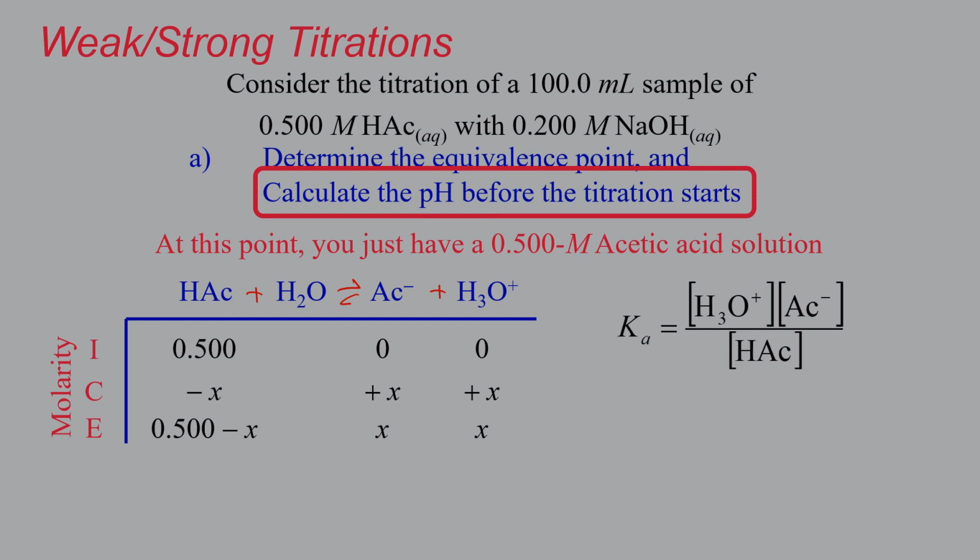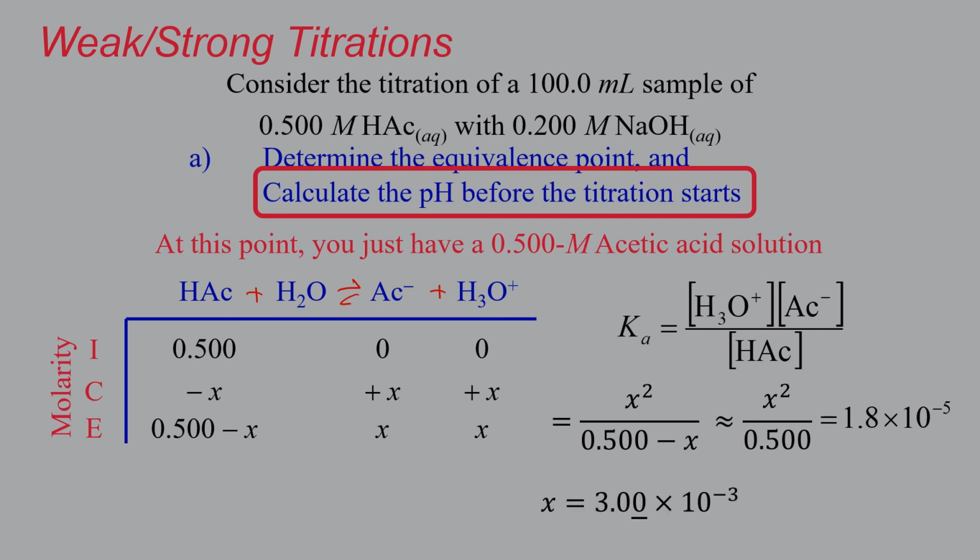And here's one more chemistry thing. We've got the Ka equal to the hydronium concentration times the acetate concentration divided by the acetic acid concentration. Plug in the symbols that we've got, so x squared over 0.5 minus x. We can approximate that denominator to just 0.5 and set that equal to the Ka, and Ka for acetic acid happens to be 1.8 times 10 to the negative fifth, which gives us a value of x of about 3 times 10 to the negative 3.